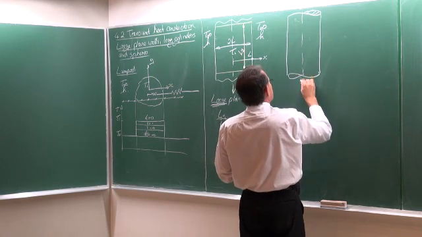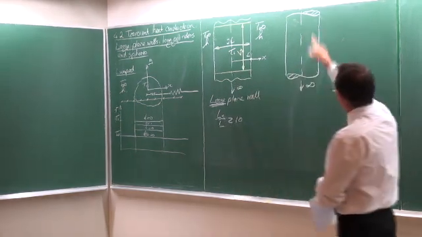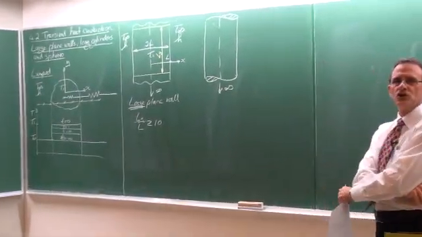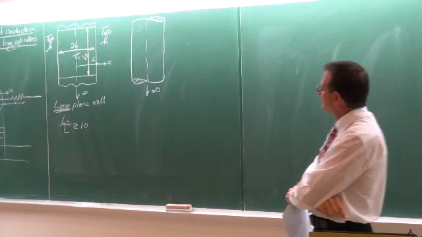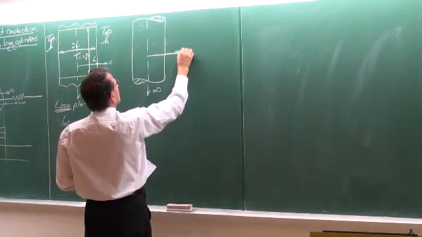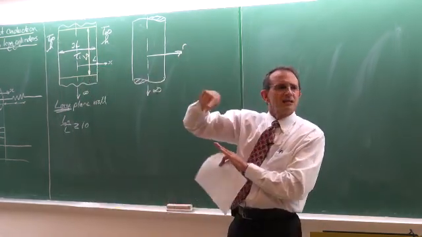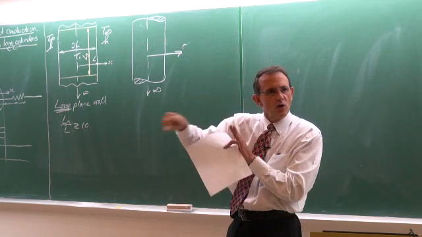There's the long cylinder. Theoretically, we would like it to be very, very long. It should approach infinity. And the coordinate system is an r coordinate system. And again, there's actually no y-axis. It's just an r-axis.